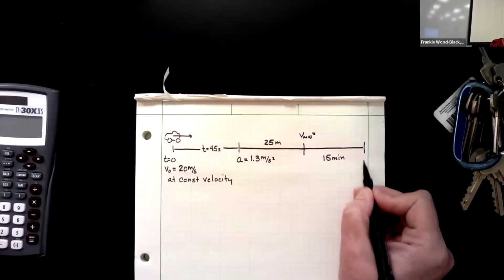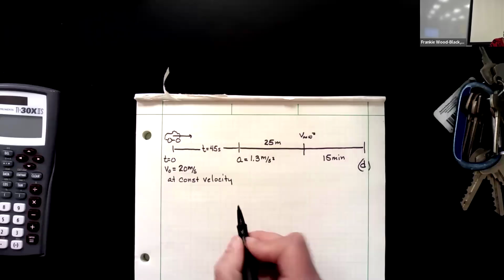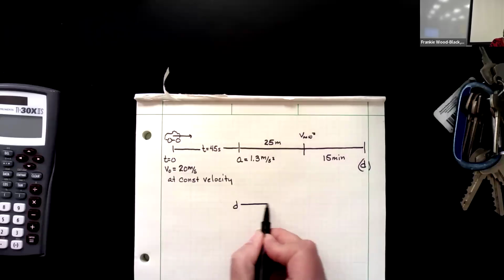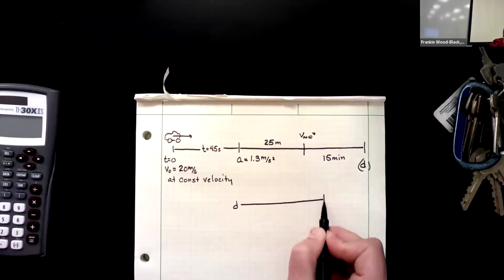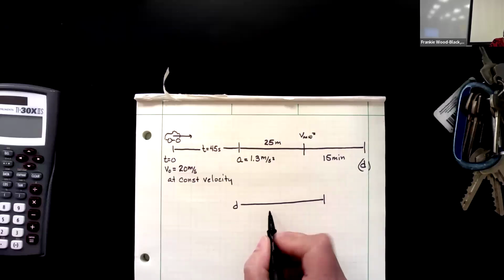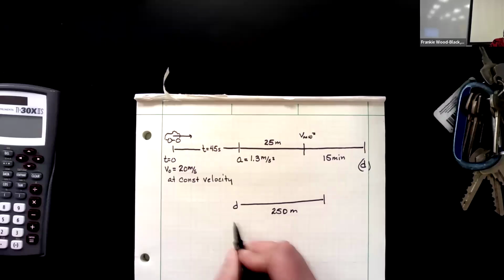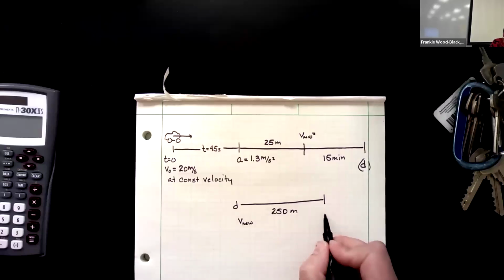And once it gets to this spot, it's going to take 250 meters to go from that new velocity to a velocity of 0.